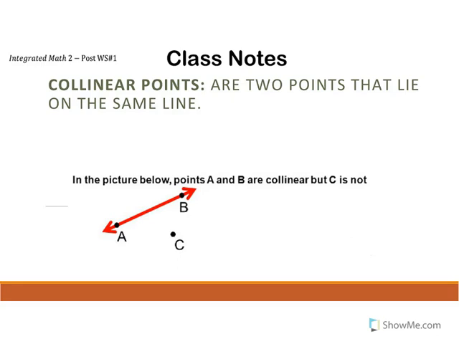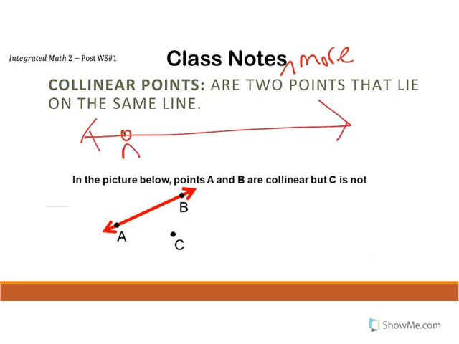And our next definition is called collinear points. We can say 2 or more points that lie on the same line. So here we can have a line, and we can have point A, point B, point C, point D, and so on.